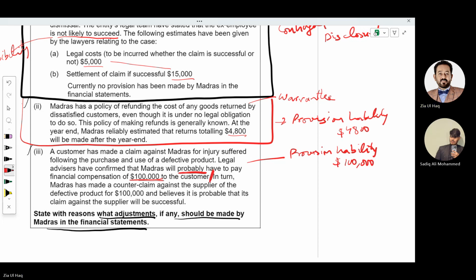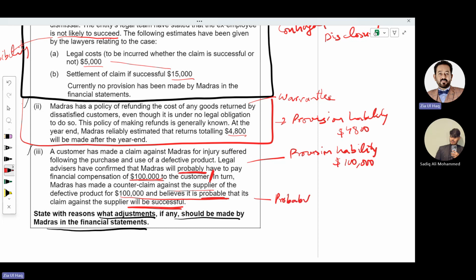In turn, Madras has made a counterclaim against the supplier, because the supplier might have provided defective products of 100,000, and Madras believes it is probable that its legal claim against the supplier will be successful, meaning probability of a future inflow.